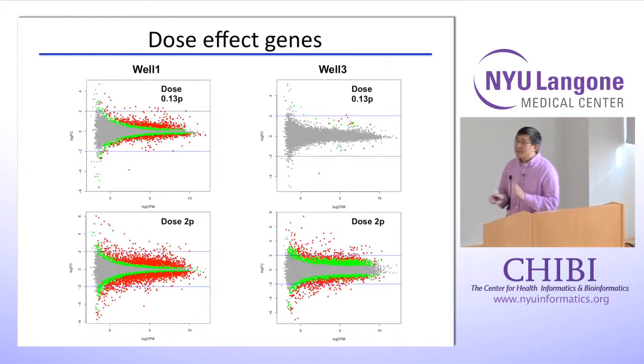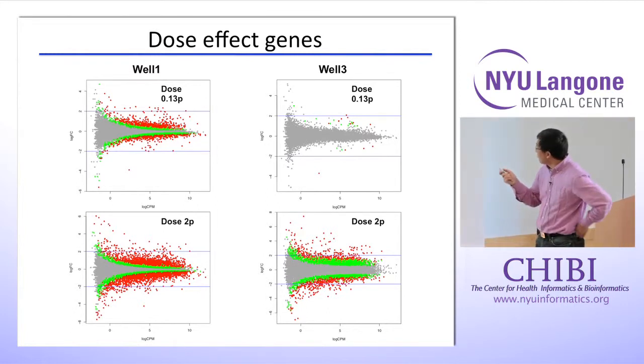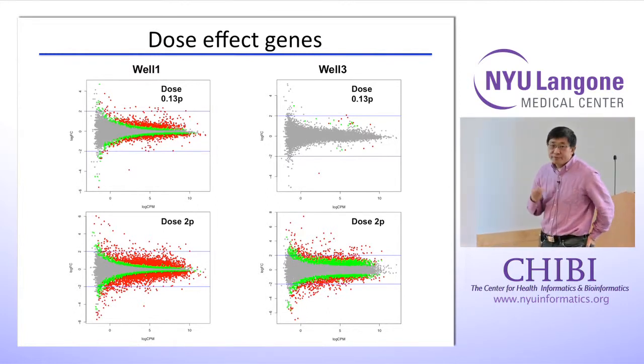So by this type of arrangement, in the end, we have been able to find lots of differential genes. Water 1 is fracking water from Pennsylvania. This is from somewhere in New York. And it looks to me that water 1 is more toxic.